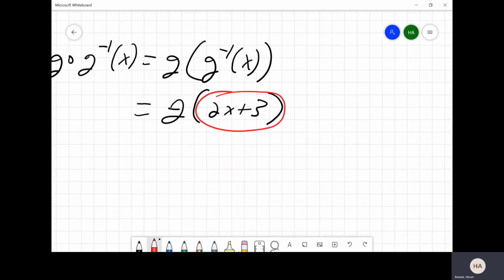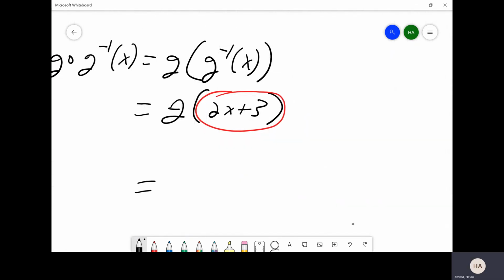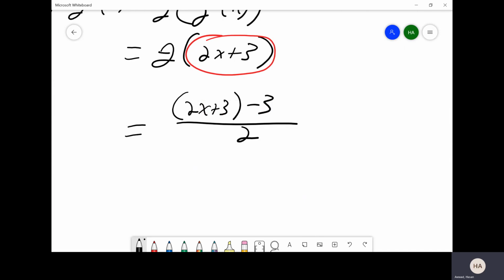So instead of (x minus 3) divided by 2, it is now (2x plus 3 minus 3) divided by 2. We can drop the parentheses here because there's no squaring or multiples going on. There's nothing that we have to distribute. So dropping the parentheses, we have (2x plus 3 minus 3) divided by 2.